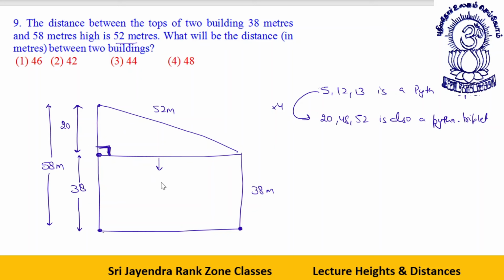So this is 20, this is 52, and this will be 48 meters as per this rule.